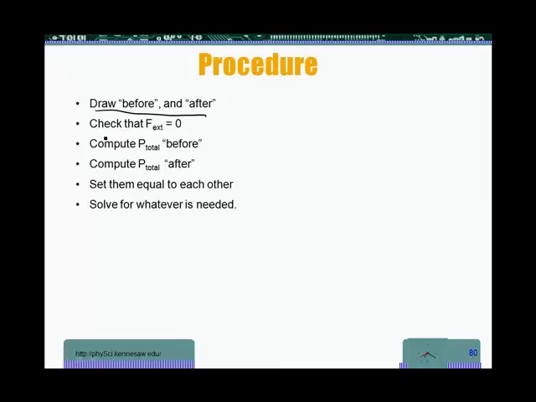Then we check if we have external forces or not. If we have external forces, that's a little problematic, and maybe we cannot use conservation of momentum. Then we write expressions for the momentum before and the momentum after. If everything is known, we calculate it. If not, we just write expressions for it. Then we set them equal to each other and solve for whatever is needed.